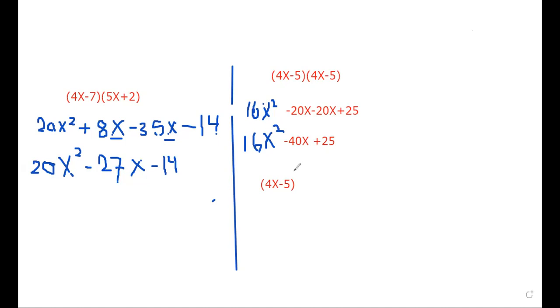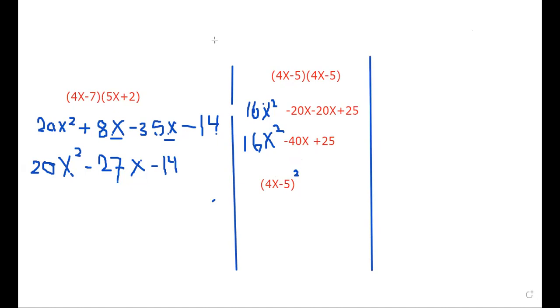They are the same, right? So we can write it like this: 4x minus 5 all to the power of 2. Then 4x minus 5 all to the power of 2, we can expand it and write it as 4x minus 5 and 4x minus 5.